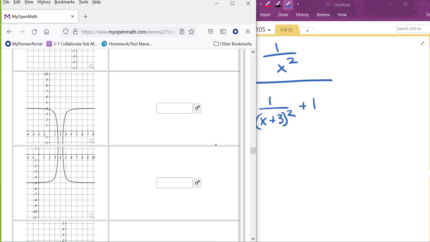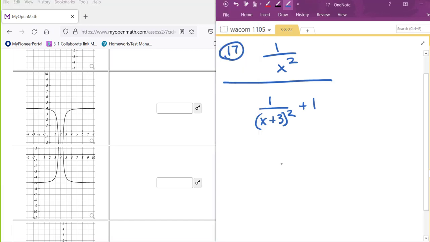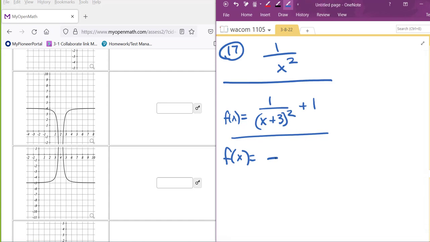The next one has flipped upside down. So it is going to have negative at the front. And I should have said f of x equals. So we have flipped upside down. All right, and this is where you look for your asymptote. It has moved up 4.